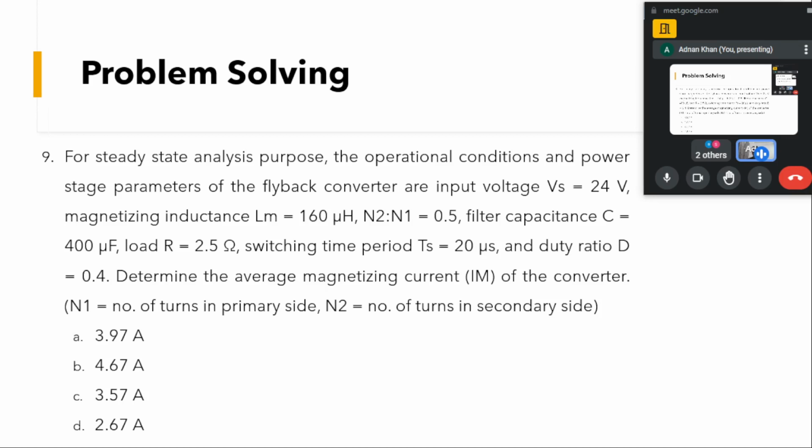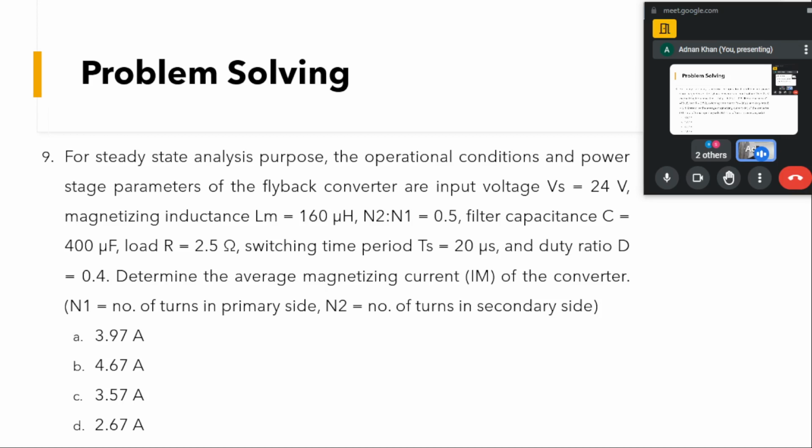Input voltage Vs is 24 volts, and the magnetizing inductance is 160 microhenry. Also N2 by N1 is given as 0.5, the ratio of output turns to the input.